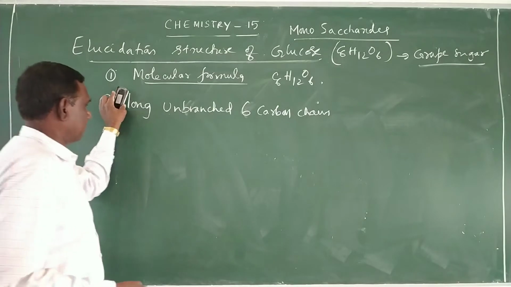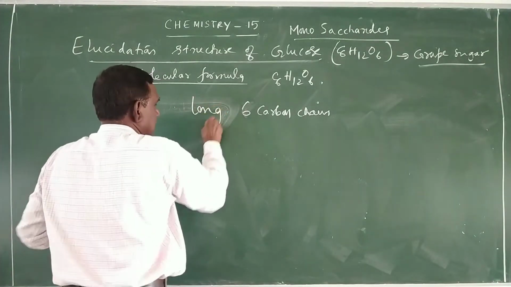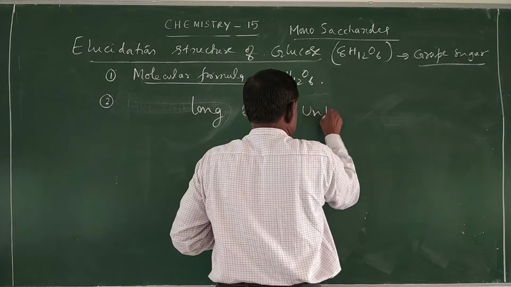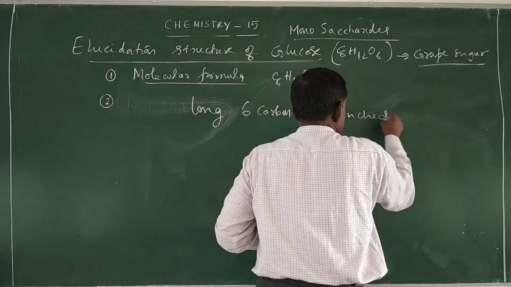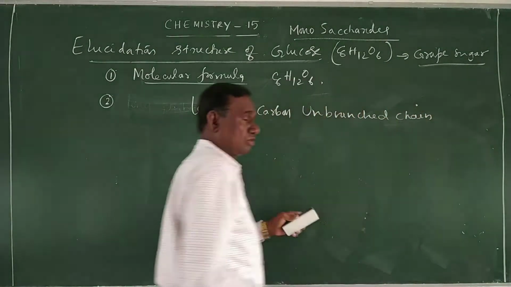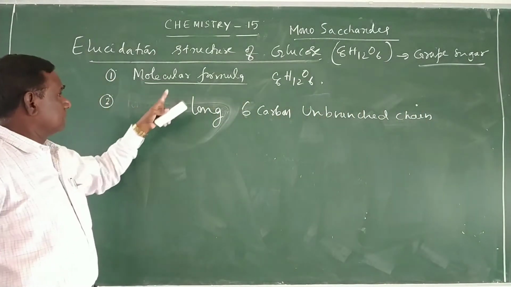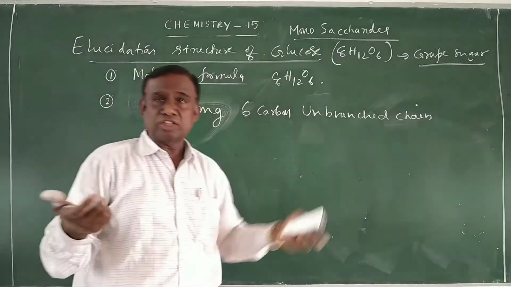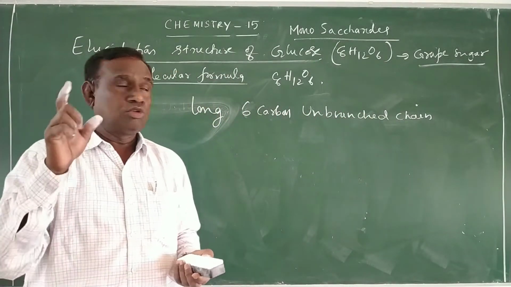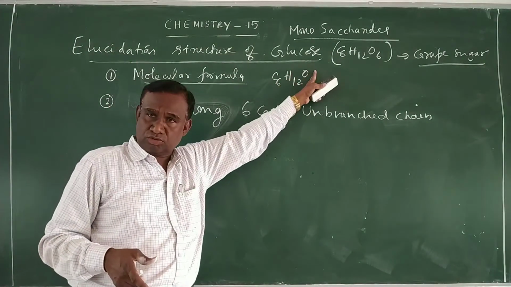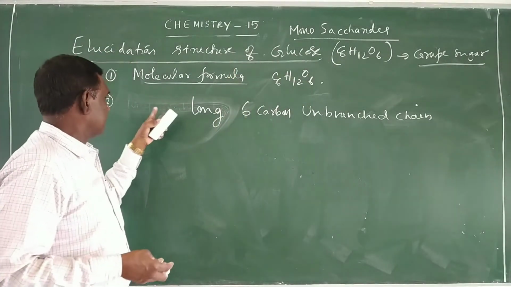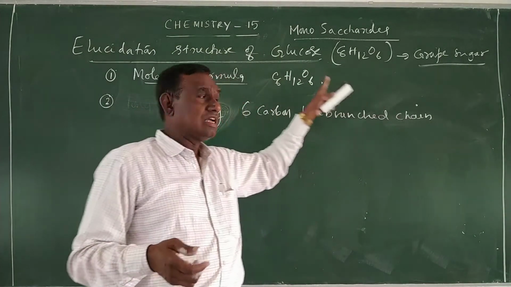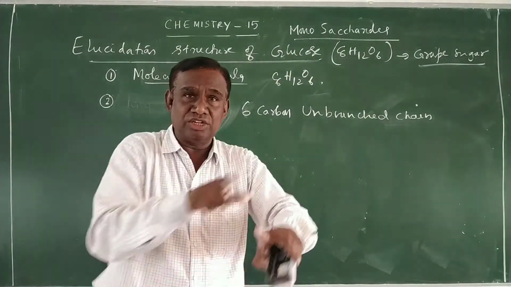That means a long 6 carbon unbranched chain. How can it be explained? The glucose molecular formula is C6H12O6. So the second factor is the presence of a long 6 carbon unbranched chain. It contains 6 carbons, but there is no branching in the long chain.